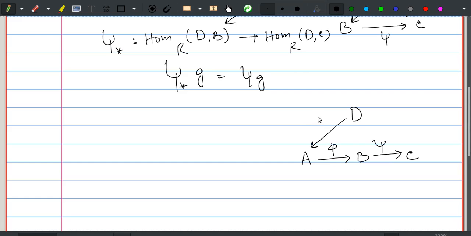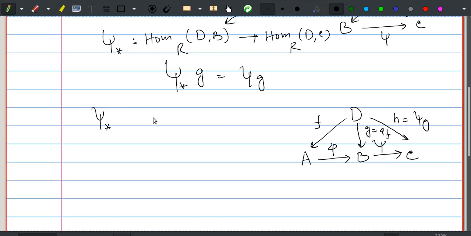This is map F, and this is G, where G is actually equal to phi F, and we have map H here, which is equal to psi G. Now phi star carries this map F to this map G, and psi star carries G to H, such that we can compose these two morphisms.